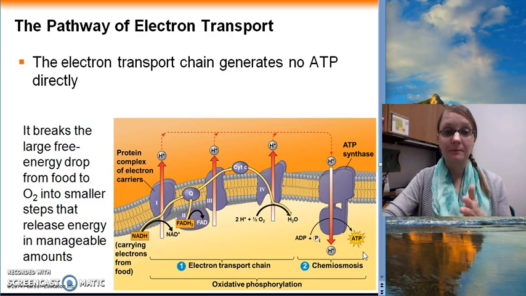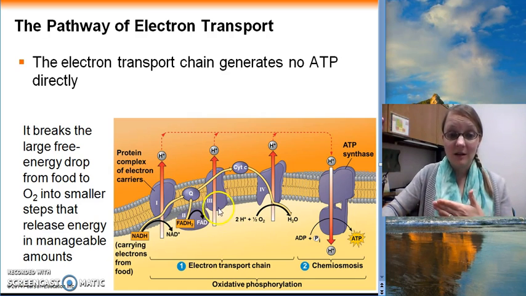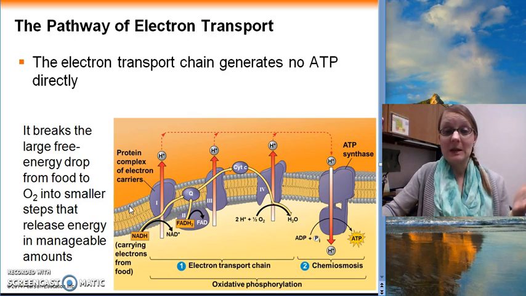So let's take a look. The next slide shows you that the electron transport chain itself produces no ATP, right? So on this right-hand side of this image, there is no ATP.